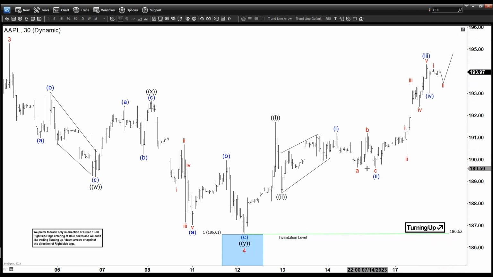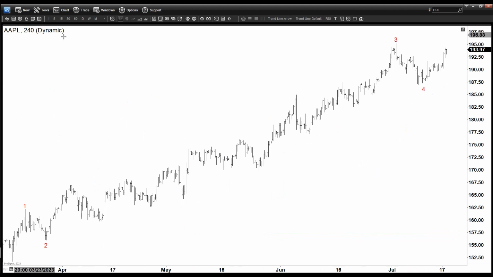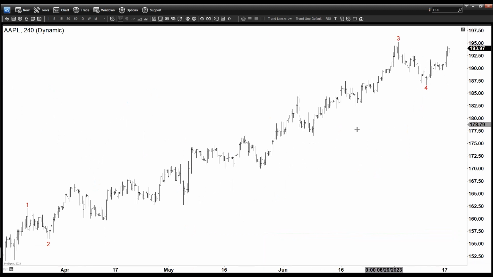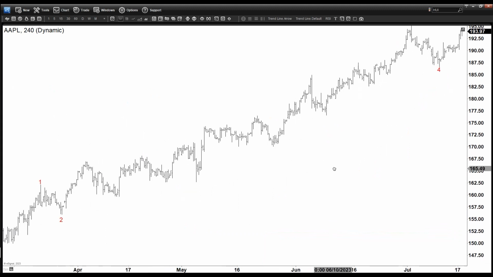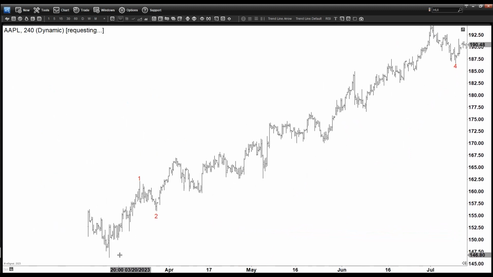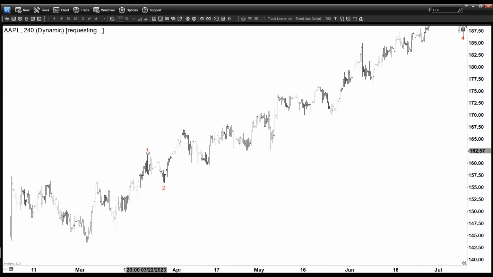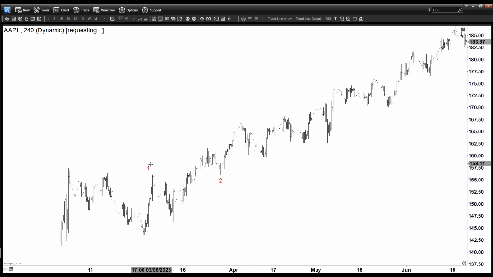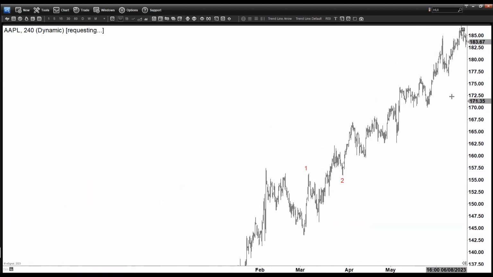Okay, so now if I zoom out a little bit, notice the 3 and 4 in the minor degree here. This is the 4 hour and this is the 3 and the 4, and basically we are looking at the rally that started from here, from the low here. Let me zoom out.